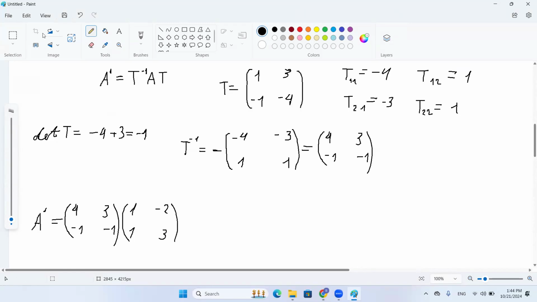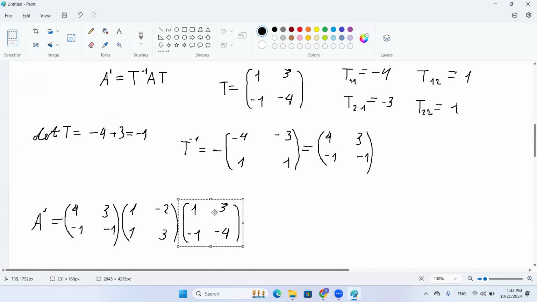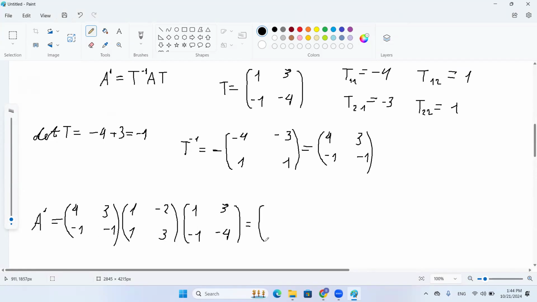And multiply with the initial T matrix. So firstly, I will multiply these first two matrices. So now let's remember how to multiply. So 4 plus 4 by 1, 4. Okay, but let's write in details.